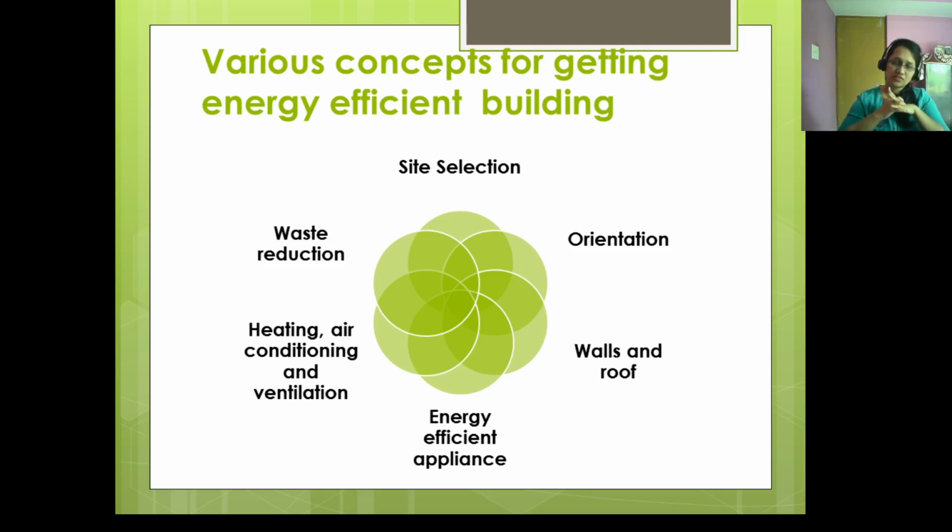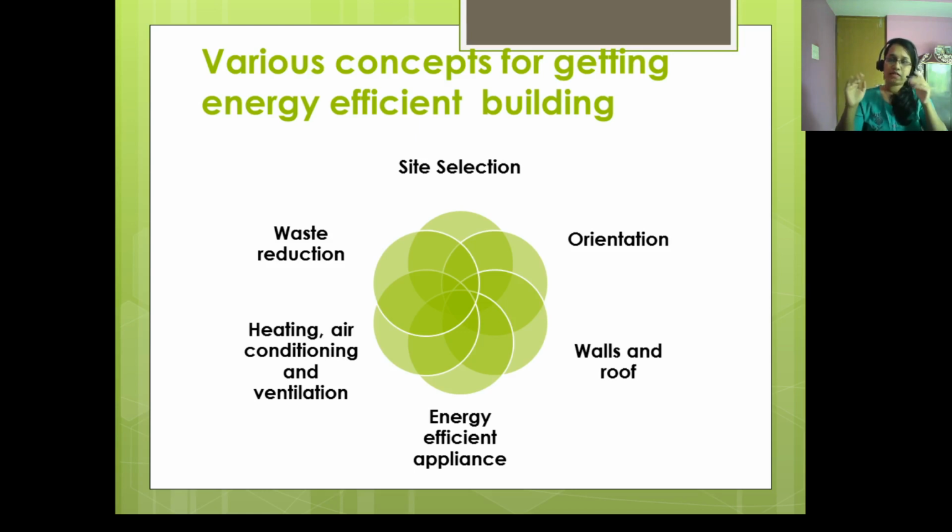Next is waste reduction. Green architecture also seeks to reduce the waste of energy, water and materials during construction. One goal should be to reduce the amount of material which is going to the landfills.